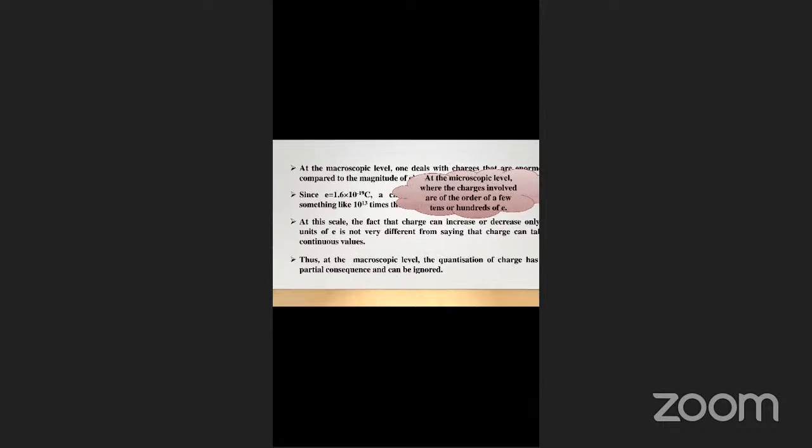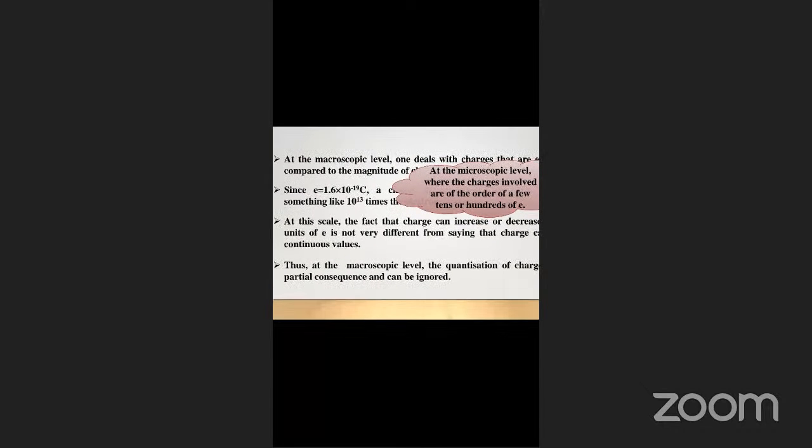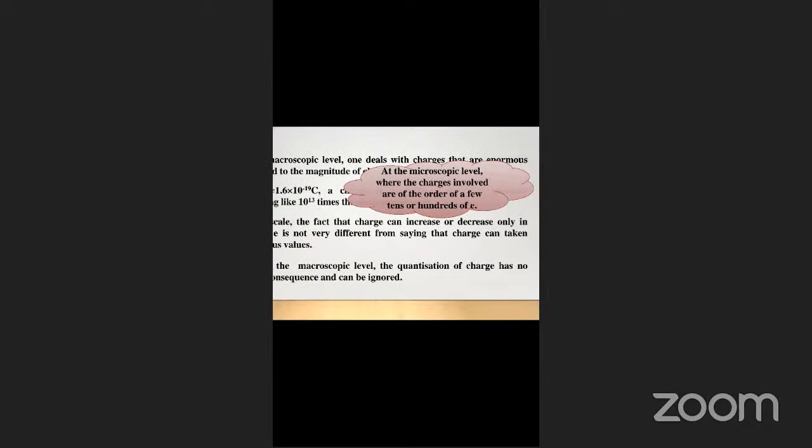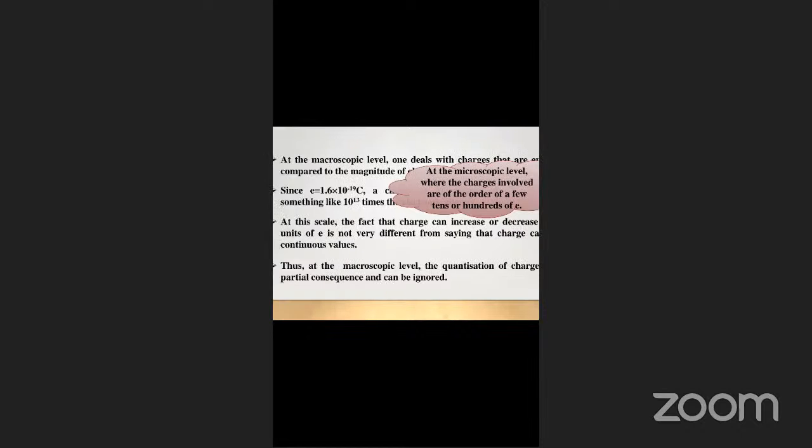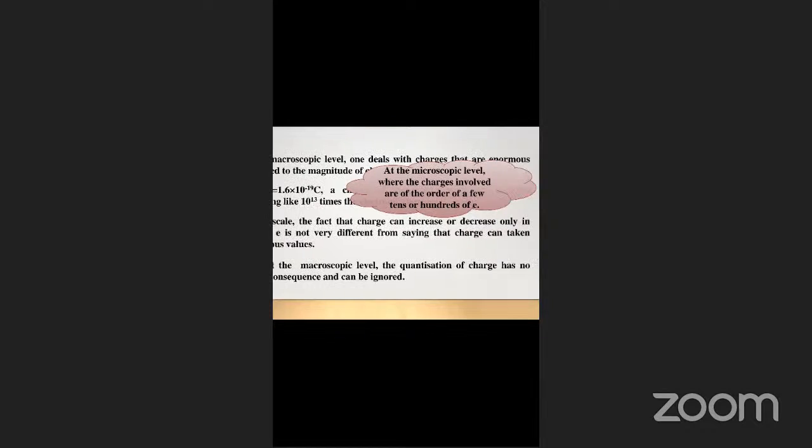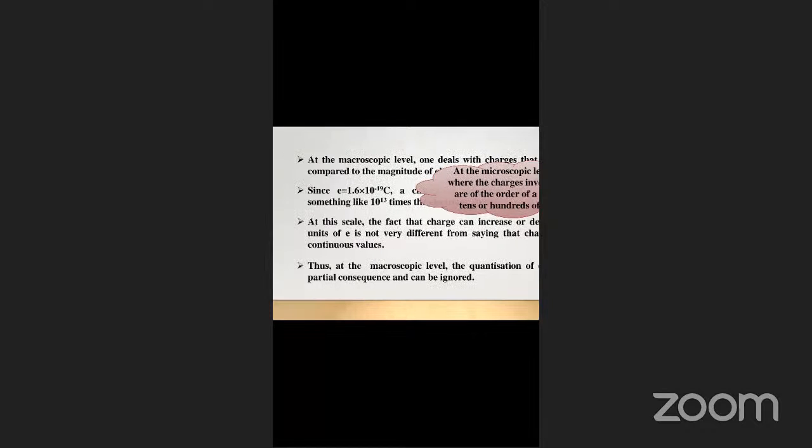So the next point, at this scale, the fact that charge can increase or decrease only in units of e is not very different from saying that charge can take continuous values. Once again I can repeat this point.